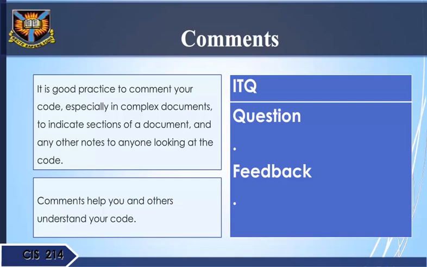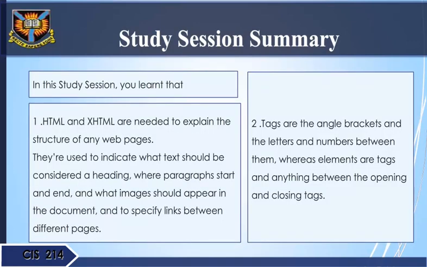ITQ question feedback. Study session summary. In this study session, you learned that: 1. HTML and XHTML are needed to explain the structure of any web pages. They are used to indicate what text should be considered a heading, where paragraphs start and end, and what images should appear in the document, and to specify links between different pages. 2.